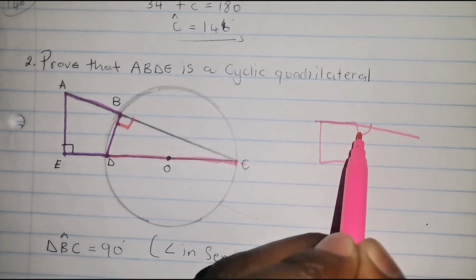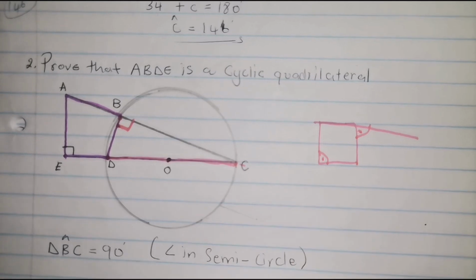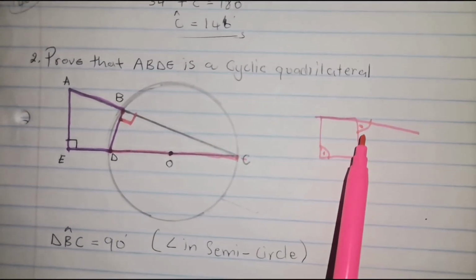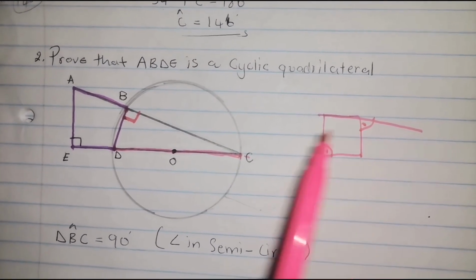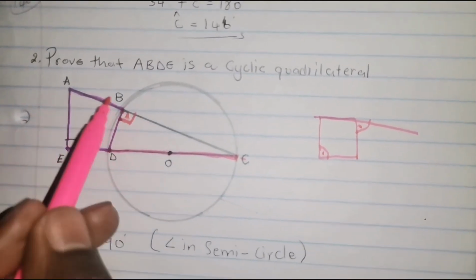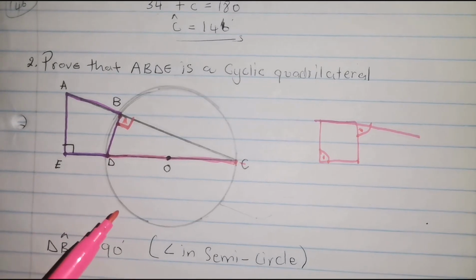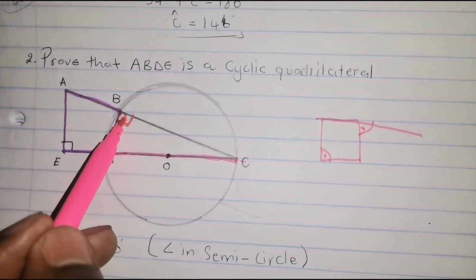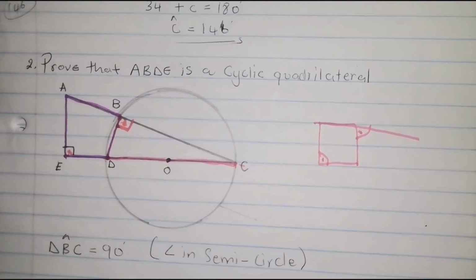If we have an angle here, this angle is going to be equal to this angle. So if I look at this sketch, it is similar to this one, because I can see that this angle is outside this quadrilateral, and this angle is going to be equal to this angle by default.